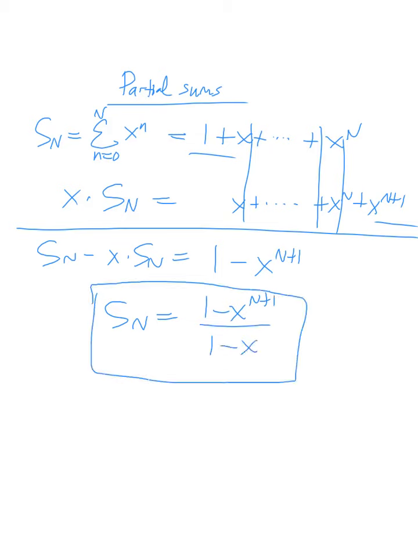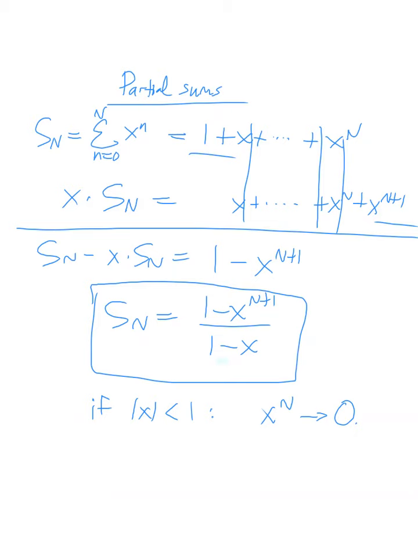So therefore, if the absolute value of x is less than 1, then x to the n goes to 0. On the other hand, if it's equal to 1, you see that there's a problem here, right?